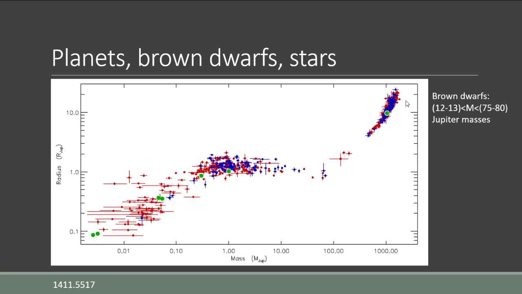So let's start from the top right part of the plot. Here we have stars. This is the branch which represents stars. We can also continue it to slightly higher masses, but the important thing for our discussion is the existence of the lower mass limit of stars. Here it is. Why is it so?